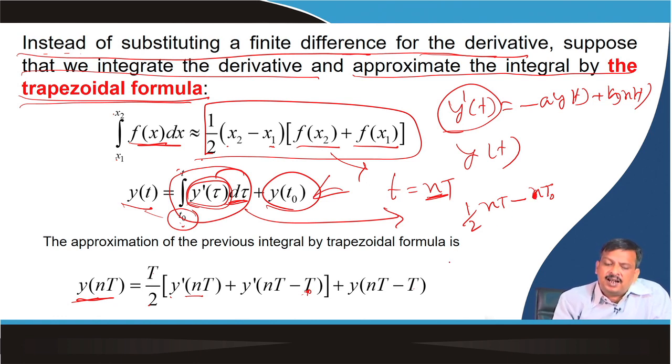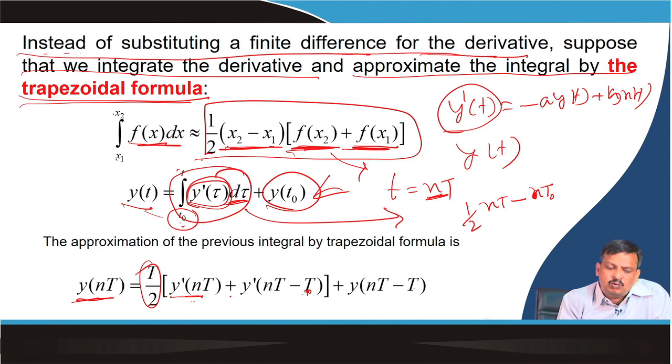So this difference, x2 minus x1, gives me the half of T, and y prime nT plus f of x2 plus f of x1.